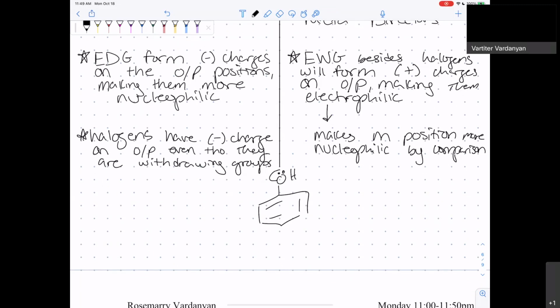These electrons go here, and this adjacent carbon receives the charge. So wherever you start with the electrons, 1, 2, that one gets the charge. Okay, good question.